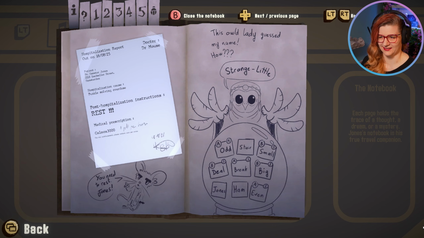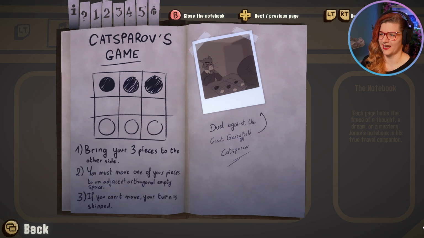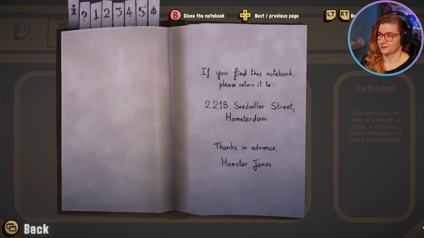This seems to be some sort of thing that makes sense, because we're having opposites and stuff, and they're marked A1, B1, A2, B2, A3, B3, which is also what floors in the game are marked with, so it might be something to do with that. We also have this Cat Sparrow's game situation where it's showing us things, so it looks like flavor text, but it could be potential clues.